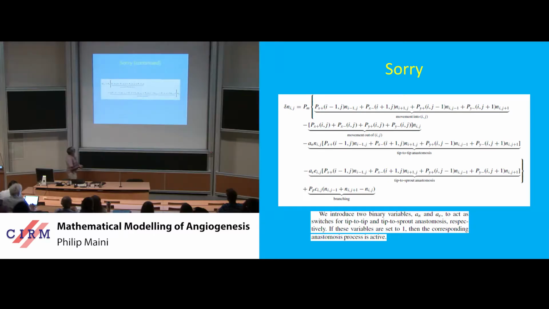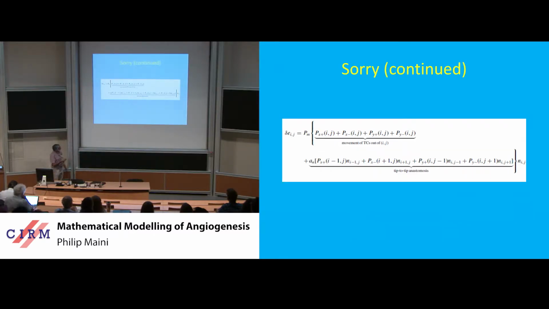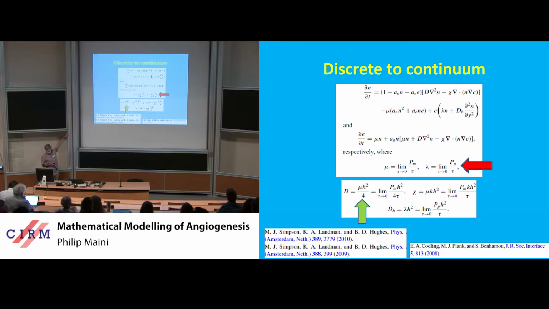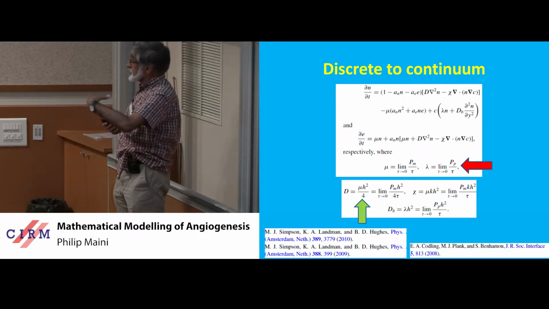And when you do that for both, you end up getting this set of equations here. Okay? So N is now the tip cell density, and E is the stalk cell density.